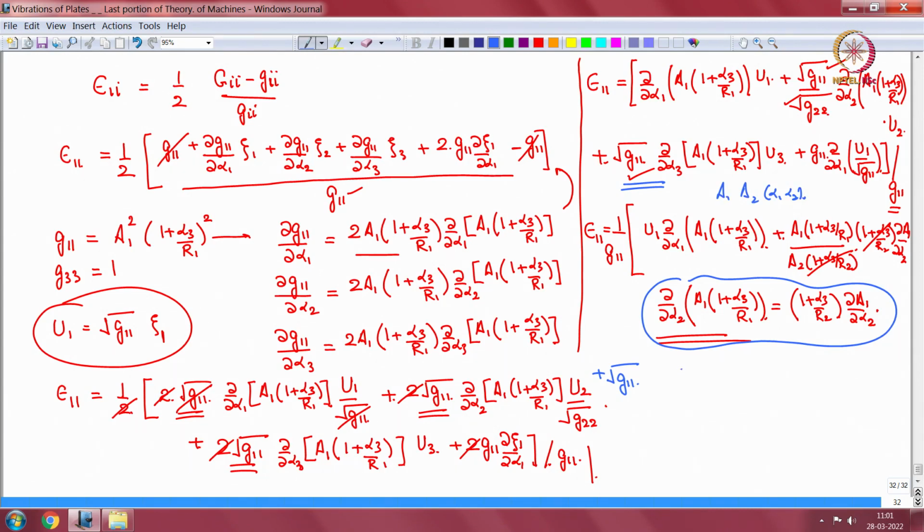So what we get is A1 by R1 into U3 for this term, okay, plus G11. Okay, so one term is going to be root of G11 del alpha 1 of U1.